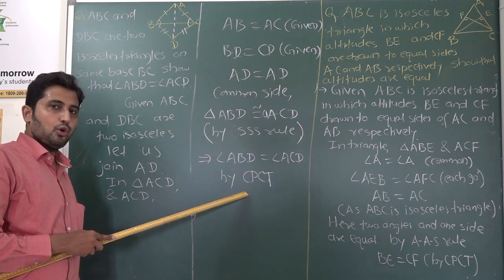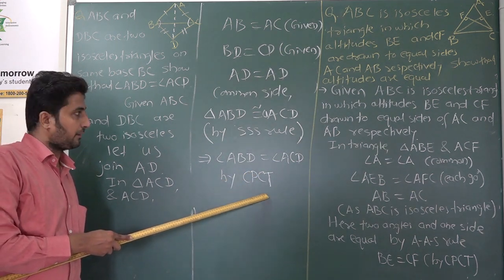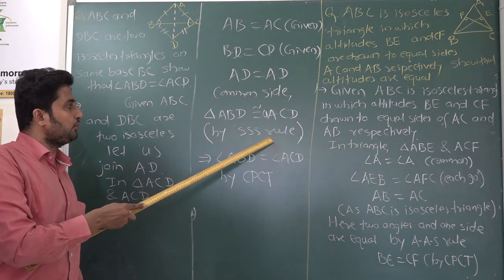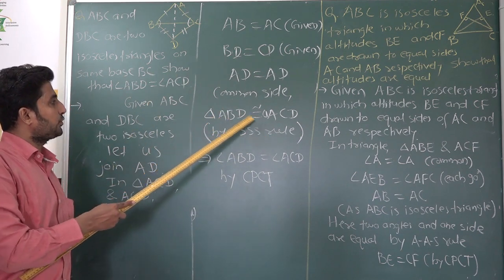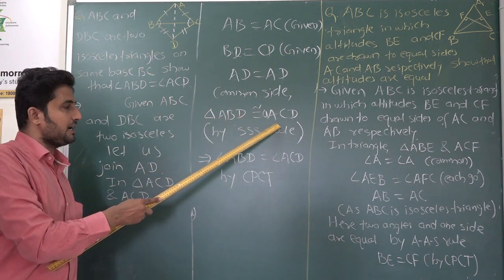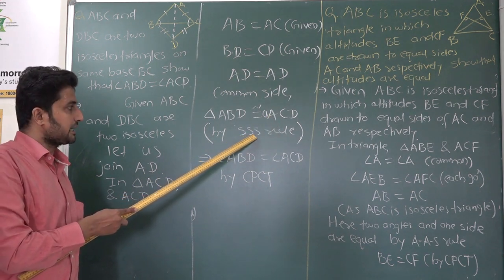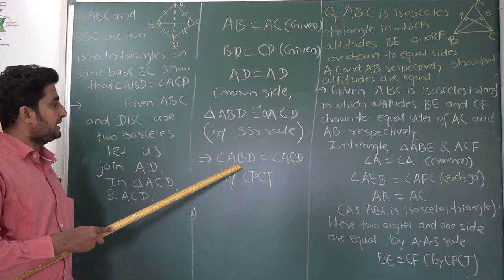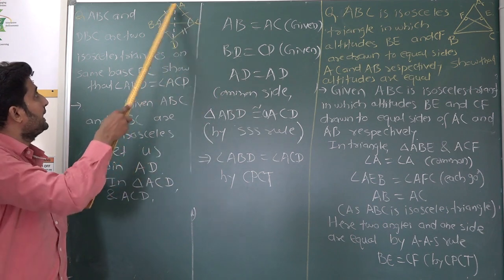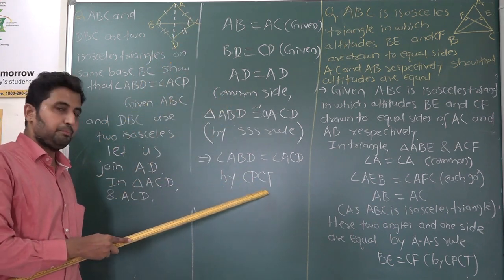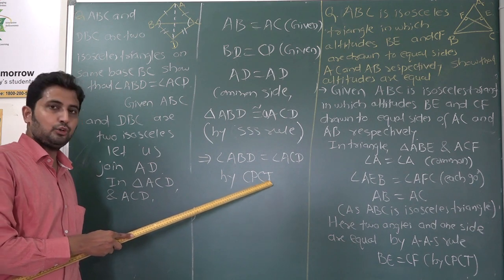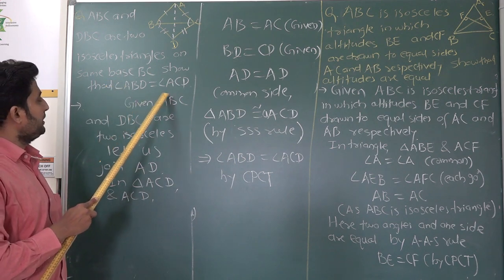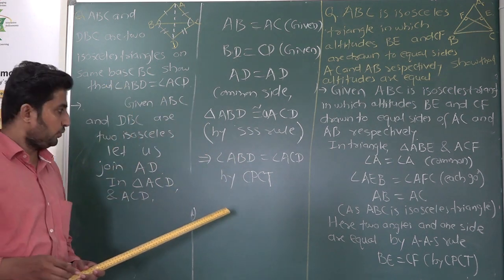By using the SSS rule, we come to know that these two triangles ABD and ACD are congruent, and by forming this congruence, we can say that angle ABD is equal to angle ACD by using CPCT, common part of congruent triangles, and hence we conclude that angle ABD equals angle ACD.